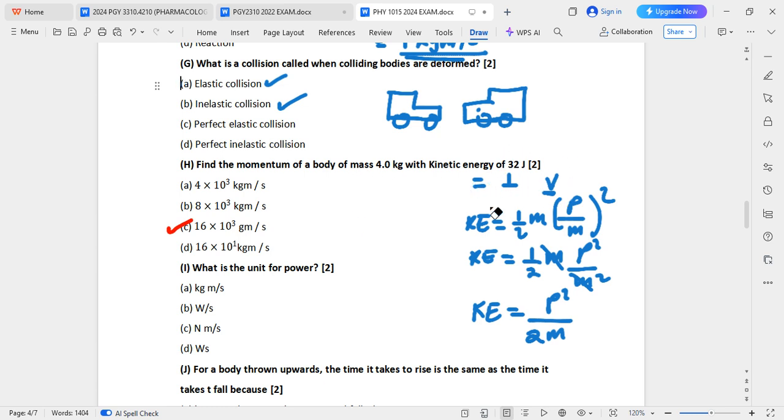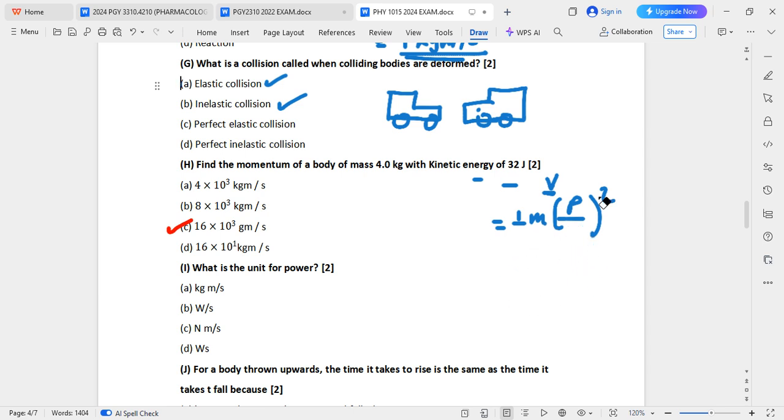The goodness with science is there is more than one way to kill the rat. Since momentum is mass times velocity, but we don't know the velocity, but we know the kinetic energy, we can say that kinetic energy is equal to half mv squared.